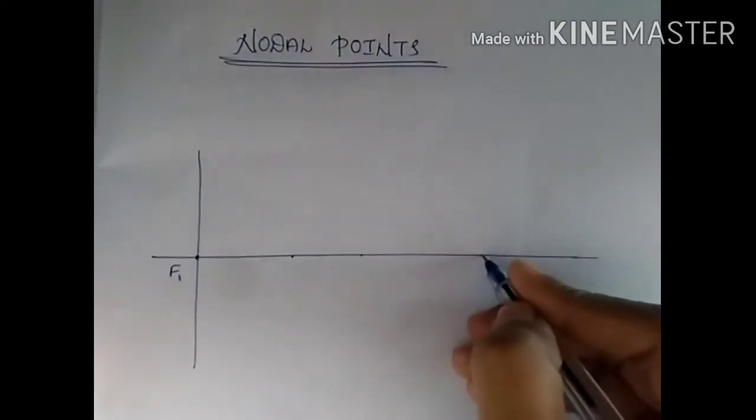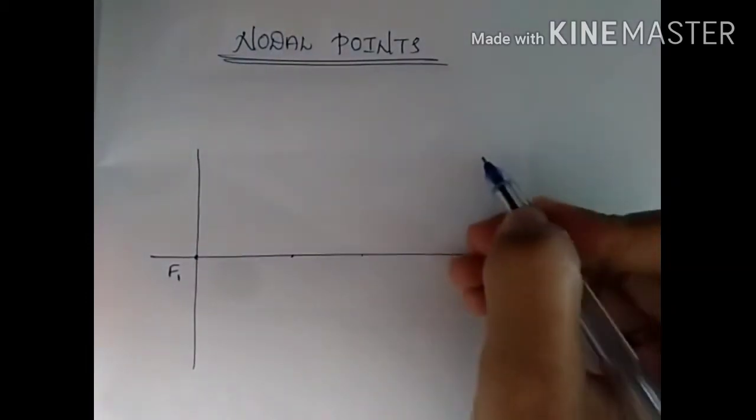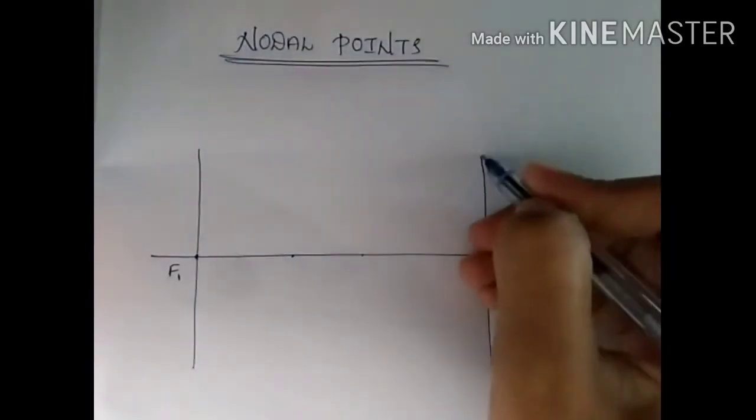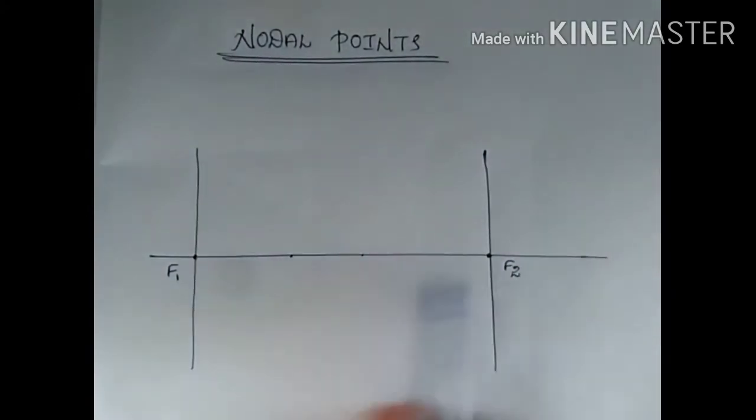Now let this point be F2, the second focal point, and the plane passing through this F2 focal point is the focal plane.